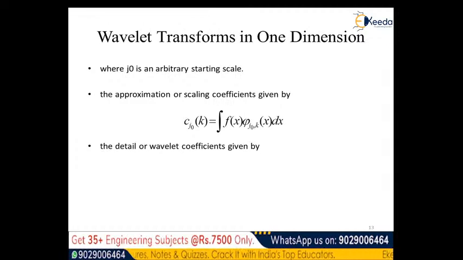They are denoted by d of k, in the suffix j, and this is the integral of f of x with the wavelet function. For determining the scaling coefficients we have the integration of the signal with the scaling function. For the wavelet coefficients we have the integral of the signal with the wavelet function, psi as a function of x, in the suffix j comma k. The integral sign is there along with the differential dx.